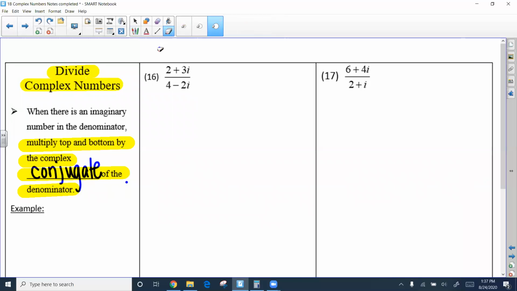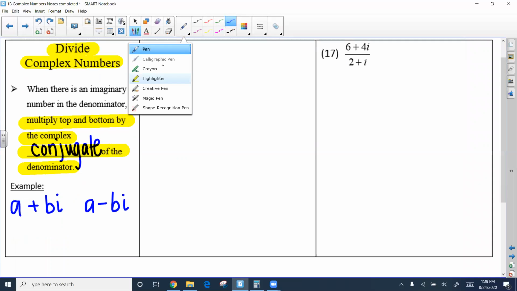We used that word conjugate in R1 when we were talking about rationalizing radicals. We had a radical in the denominator. So it's similar here, but it's just with complex numbers. For example, you probably want to write this down as well. If a plus bi is our complex number, its conjugate is a minus bi.